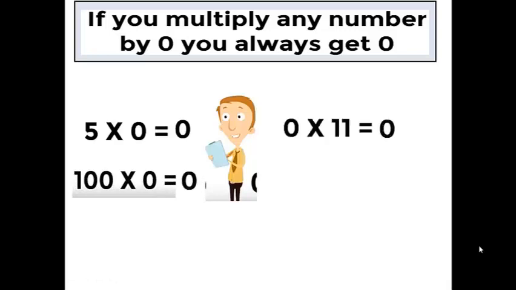Another one. 0 times 11 equals 0. 0 times 1000 equals 0. 0 times 99 equals 0. 8 times 0 equals 0. If you multiply any number by 0, it equals 0. Yes, very good.